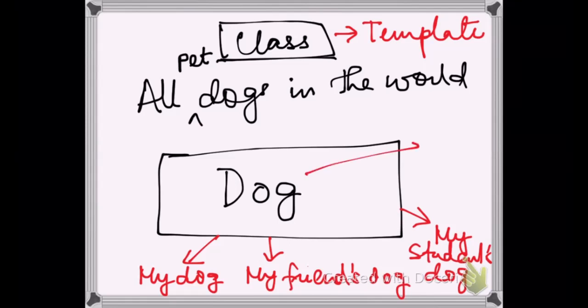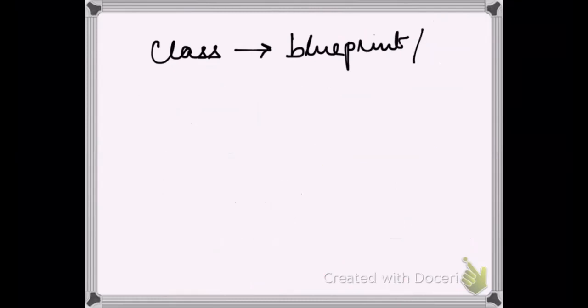It is a template. But what has actual existence? It is not the class, it is the object. So a class you can term as a blueprint, or you can call it a template, which will describe how all dogs will look, with some features that every pet dog will have, and the actions that every dog can perform.